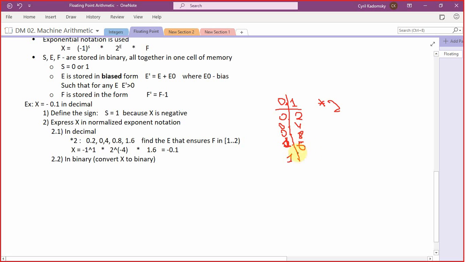Each time we take just the fractional parts, so it will be 1.2 and 0.4. Let's stop at this point.